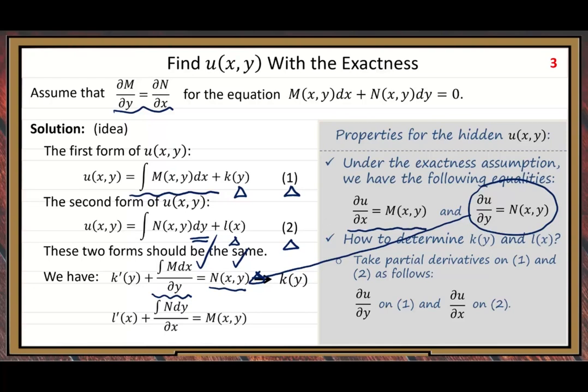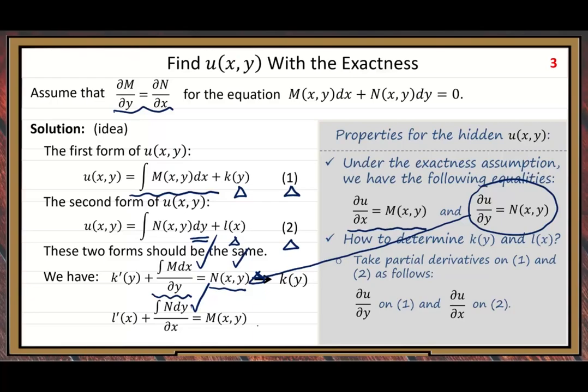Then, similarly, for the second equation, we apply partial derivative with respect to x. So little l prime of x equals this integral function over partial x. It's known, right?